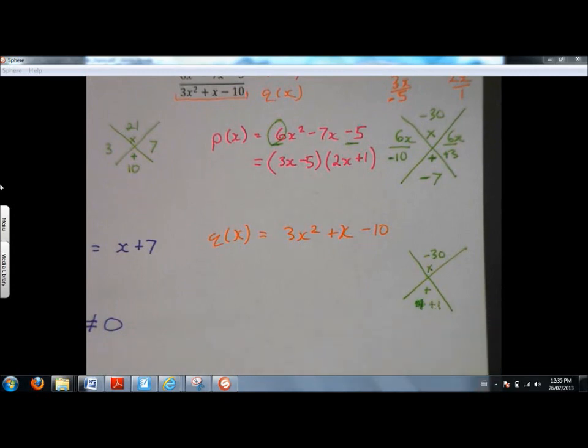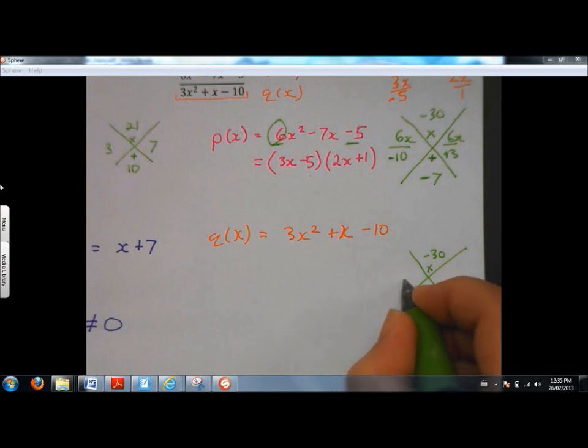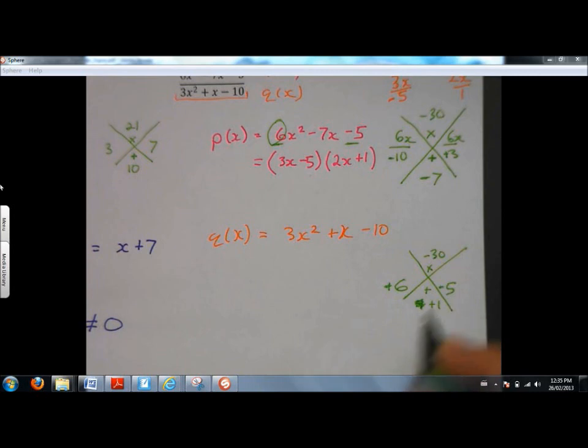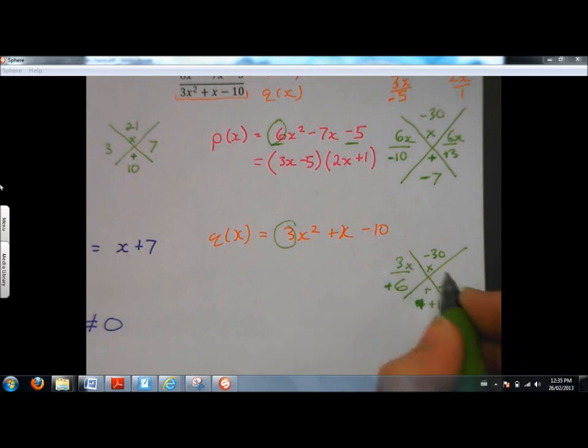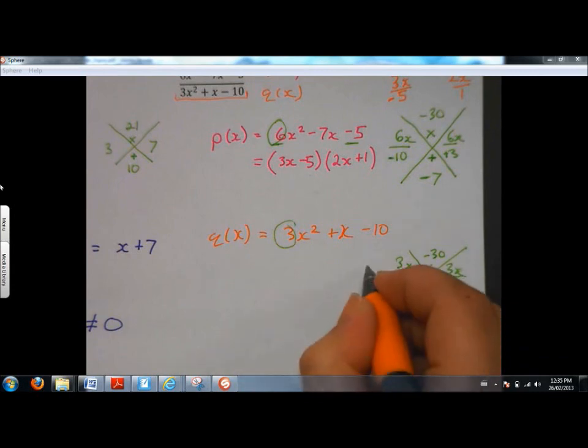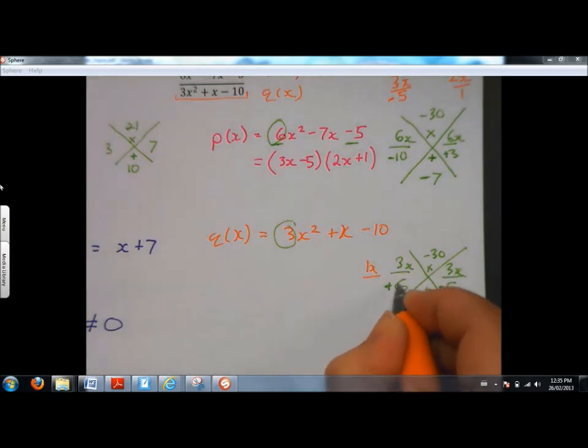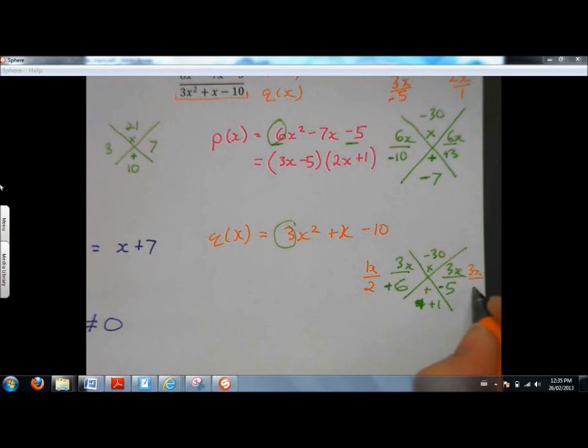Numbers that add to 1 and multiply to negative 30, probably 5 and 6. The 6 has to be positive, and the 5 has to be negative. I'm going to take my 3, put it on top with an x. Now my 2 numbers are 1x over 2, and my other side is 3x over negative 5.